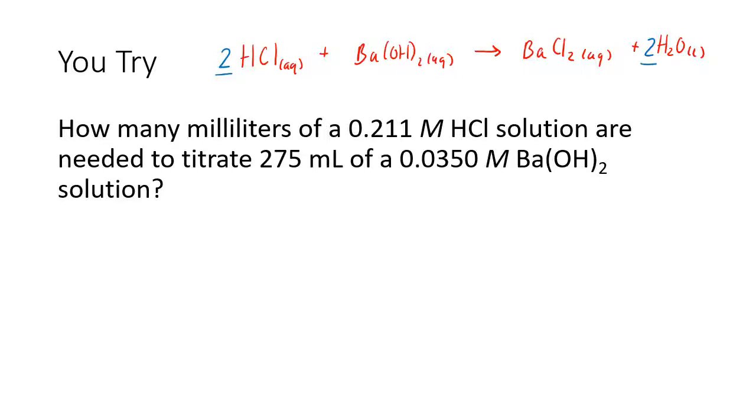So now we can see that 2 moles of HCl will react with every 1 mole of barium hydroxide. We have our concentration of our hydrochloric acid, 0.211 molar. Our concentration of our barium hydroxide, 0.0350 molar. And we know our volume of barium hydroxide, 275 milliliters.